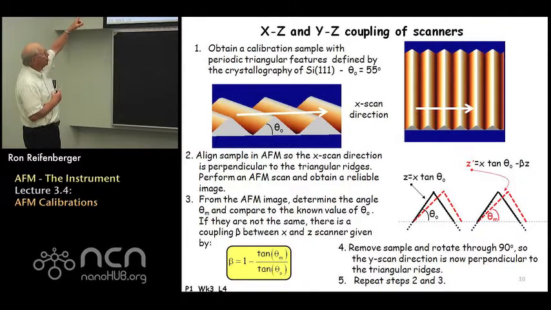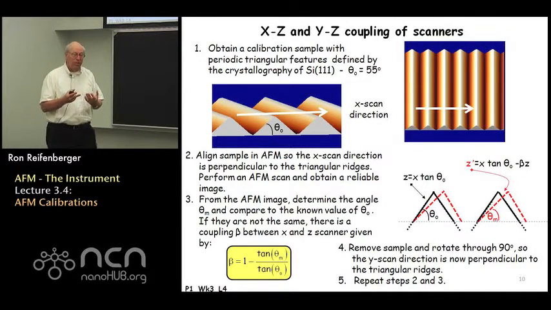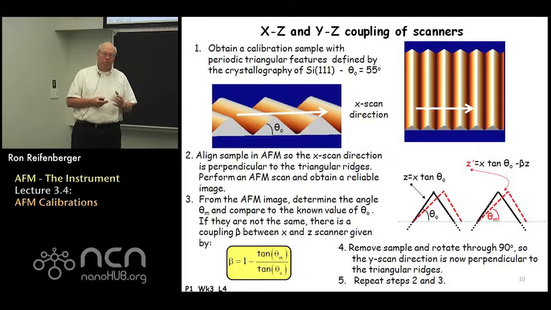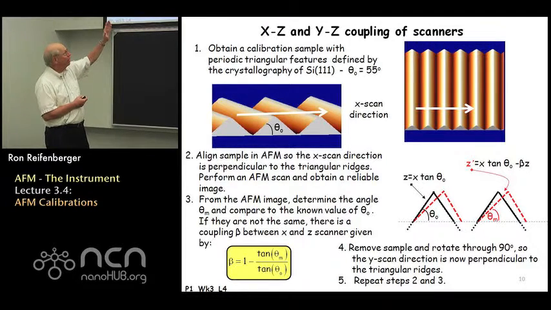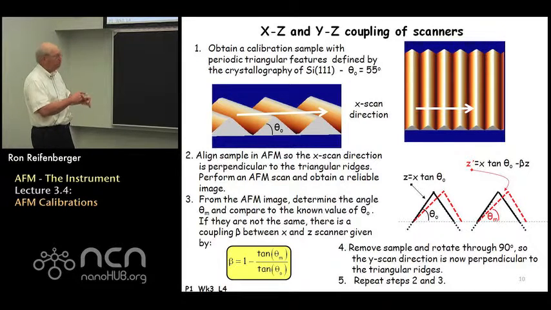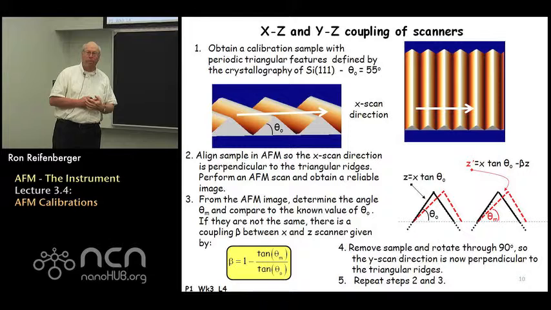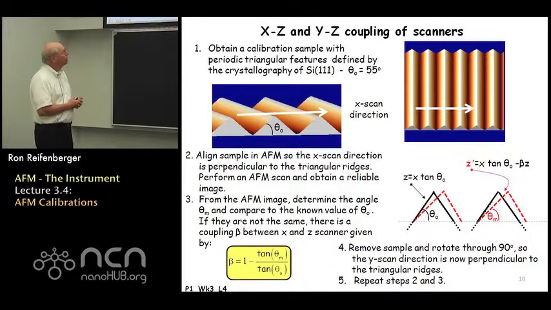And I think for the silicon 111 substrate, that angle theta naught is about 55 degrees. So to check for this coupling, you would orient your calibration chip in such a way that you can scan as indicated by that white arrow in the upper right corner. And after you've performed that scan, then you would go back and investigate the angle that those features make.